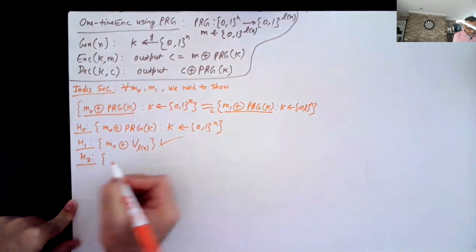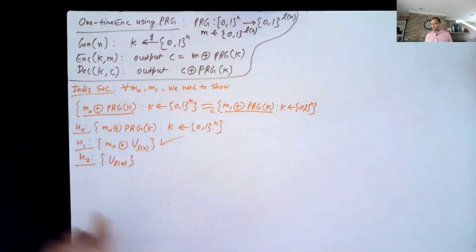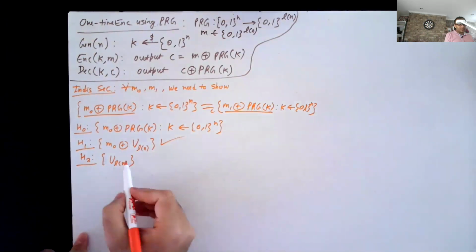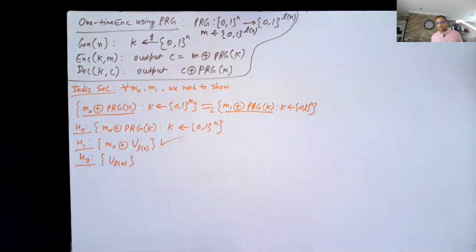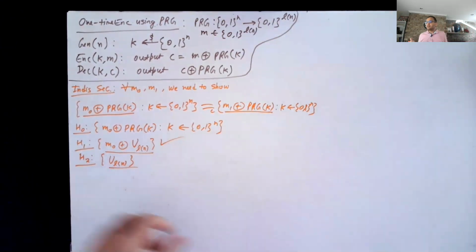H2 is, if I take a uniform string, I can XOR anything with it. The result is also a uniform string. Okay, and you can try to prove it by looking at any specific string, and you can try to verify that the probability that you arrive at that string here as well as here is just 2 to the power minus L of n.